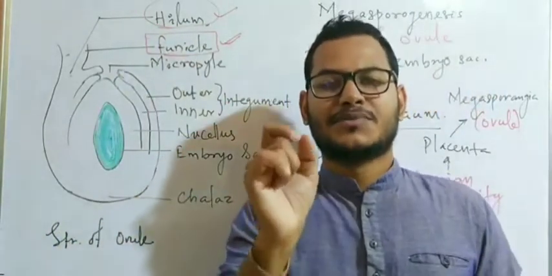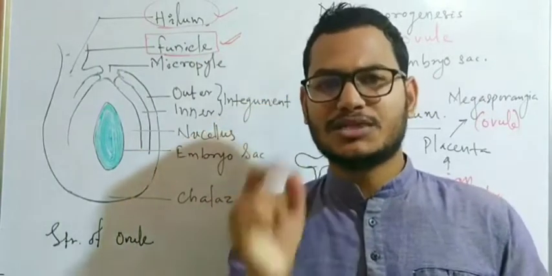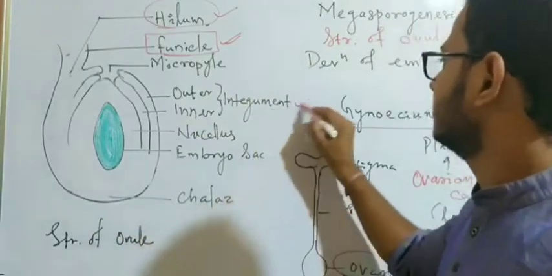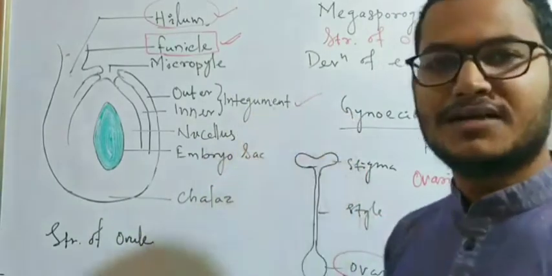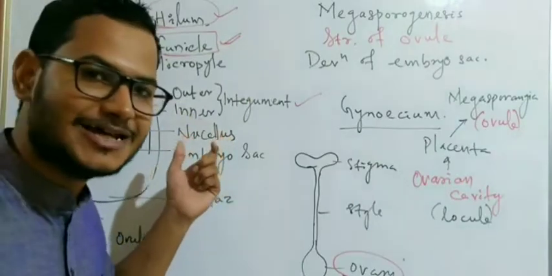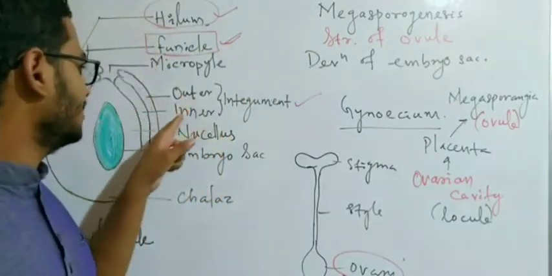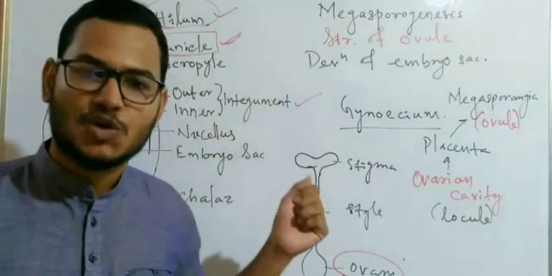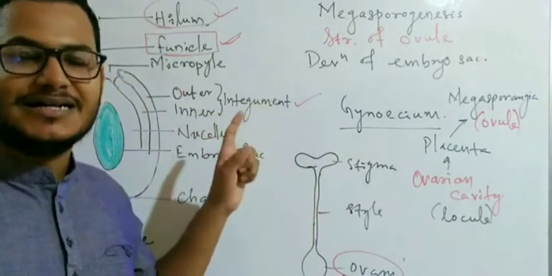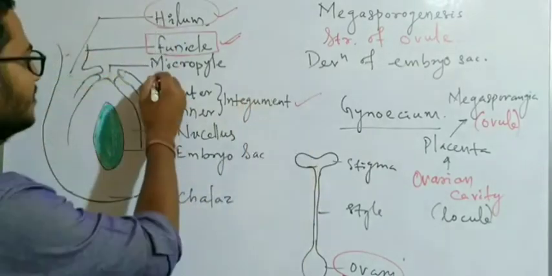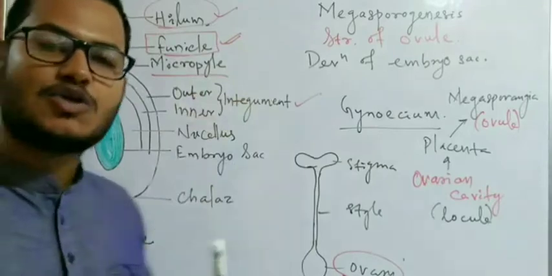Now remember, the ovule is covered with one or two coverings known as the integument, which is seen here. The integument may be one or two. Here we have two integuments, an outer and an inner integument. The integument surrounds the ovule and is absent at a point known as the micropyle, or the micropylar end.